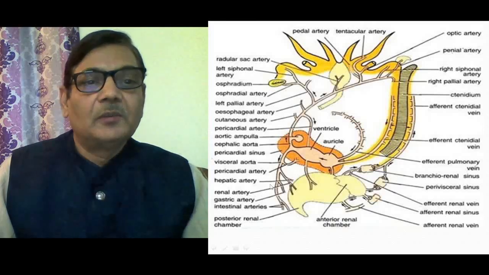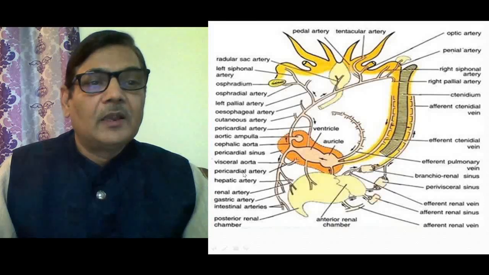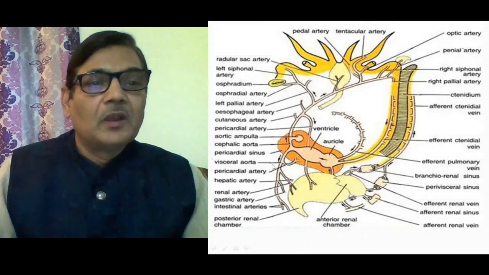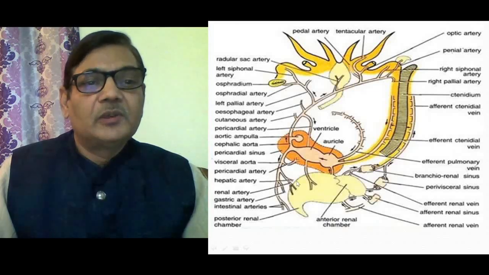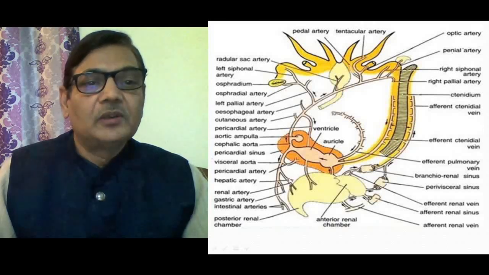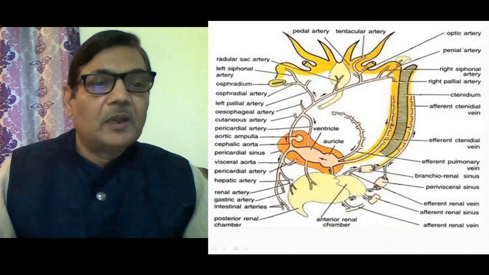These branches come out. Then the other one, that is the visceral aorta, also gives several branches on the way, like the pericardial artery, again supplying blood to the heart muscles and also to the pericardium. Then the hepatic artery, it will supply blood to the gastric gland or hepatopancreas, which is a major gland present in Pila.